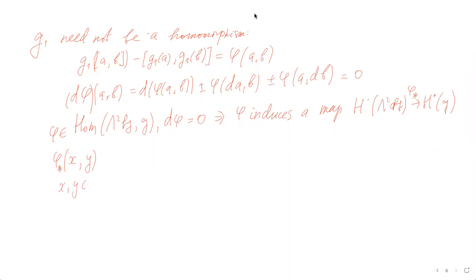they are in the image of F1. So they're F1 of some alpha, F1 of some beta, right? Very nice. So when we apply G1, and of course alpha and beta are closed, right?